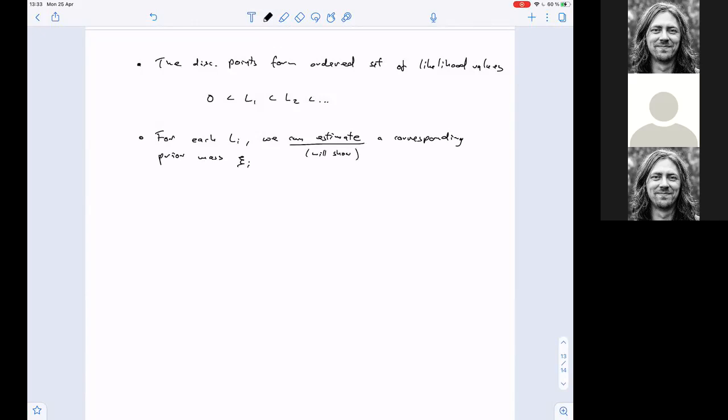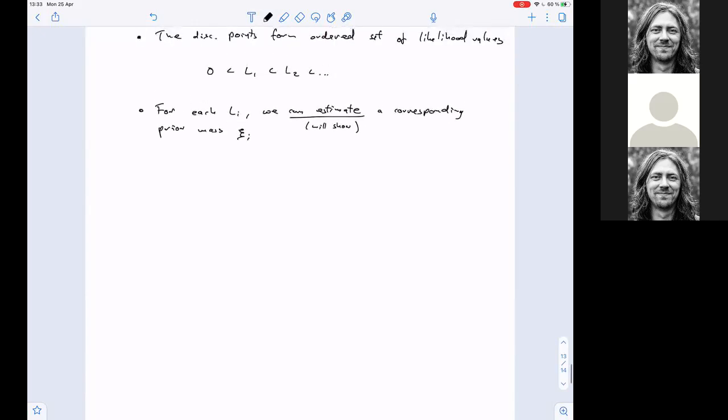We'll show this later. And then you get the corresponding ordered set of prior mass values, which start at 1, and then psi_1 is less than 1, psi_2 is less than psi_1, etc. So if we can perform that estimate, then we have what we need. Then we have our ordered set of psi and L values.